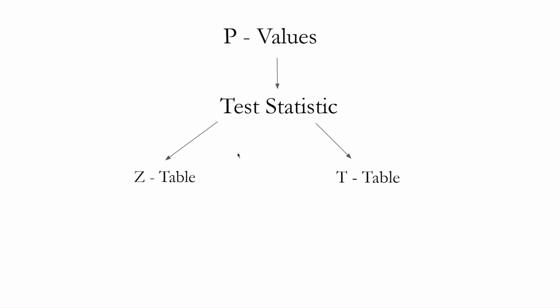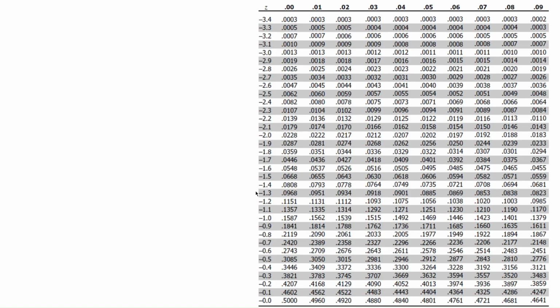It's been quite a while since I talked about z-tables, so just for this video, I'm going to show you how the z-table works again. So this is the z-table. Let's say that this is your test statistic. How do you calculate the p-value? First, divide this number into two different parts. Let's break it into half. Minus 1.9 and 0.06.